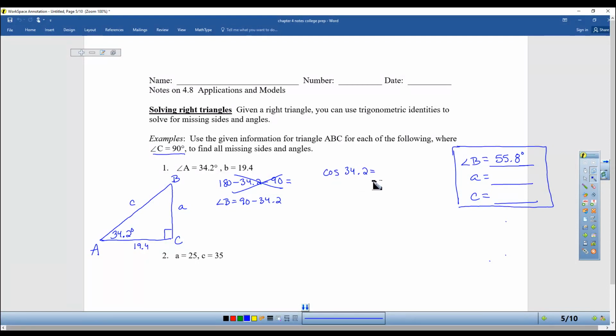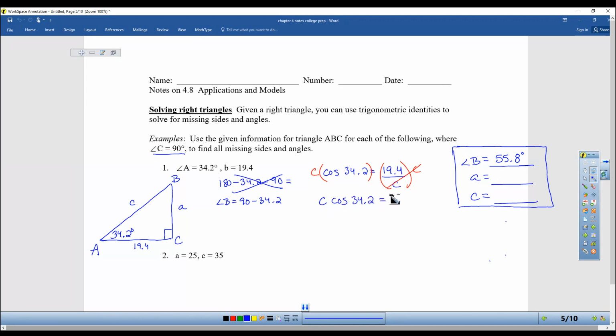Cosine of 34.2 will be adjacent over hypotenuse. Now, again, this is a place where a lot of people go wrong. Your first step needs to be to clear the fraction. So I'm going to multiply both sides by c, and now this is a much easier problem to do. This c cosine looks a little funny.